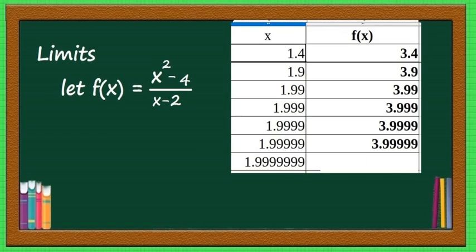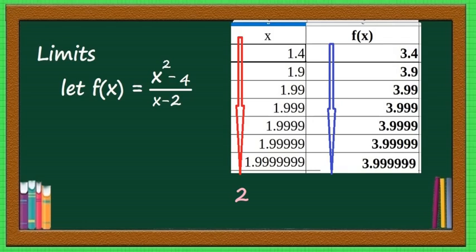When x is 1.69, f of x is 3.69. And here x is approaching 2. Where is f of x approaching? f of x is approaching 4. And this is from the left side of 2.